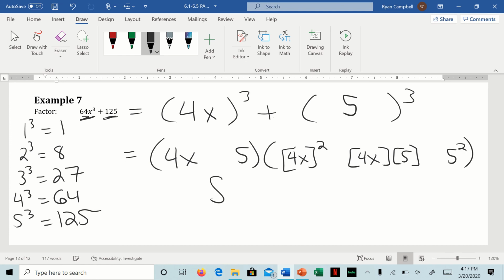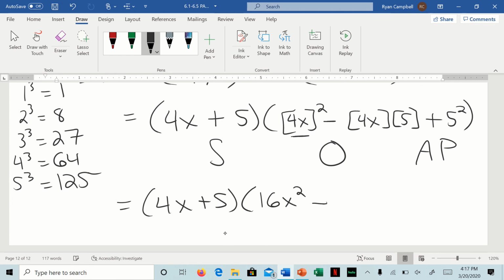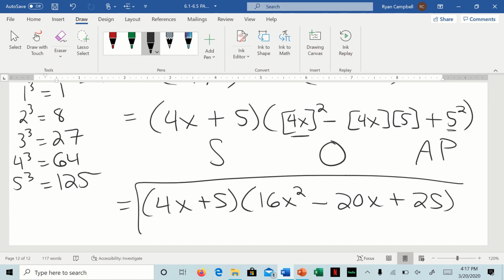Remember, it's same, opposite, always positive. So plus, minus, plus. To simplify things, make them look pretty, we get 4x plus 5 times 4x squared is 16x squared minus 4x times 5 is 20x plus 5 squared is 25. And that's our final answer.